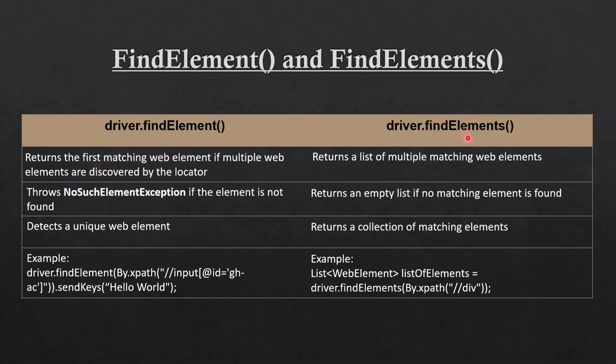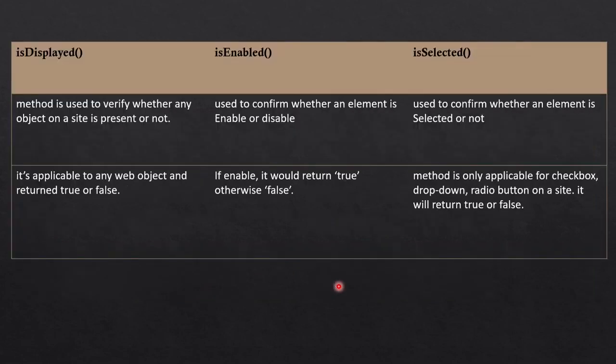Whereas in case of findElements, it will return a list of multiple matching web elements, and it throws no exception. It is just that it returns an empty list. Whereas findElement throws NoSuchElementException if the element is not found. findElement detects a unique web element, whereas driver.findElements returns the collection of matching elements. This is the example. We have also seen the example of findElements.